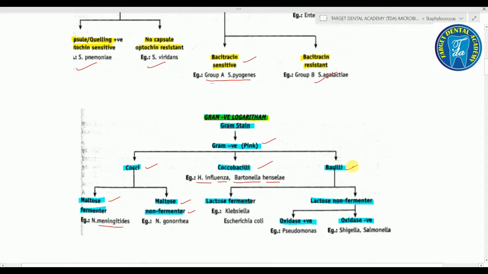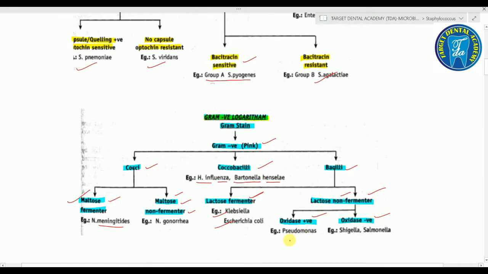Now coming to the bacilli, there are again two types as with the cocci: the lactose fermenter and the lactose non-fermenter. While in the cocci there was maltose fermenter and non-fermenter, in the bacilli there is lactose fermenter and non-fermenter. Examples of lactose fermenters are Klebsiella and E. coli, while the lactose non-fermenters are divided into two parts, oxidase positive and oxidase negative.